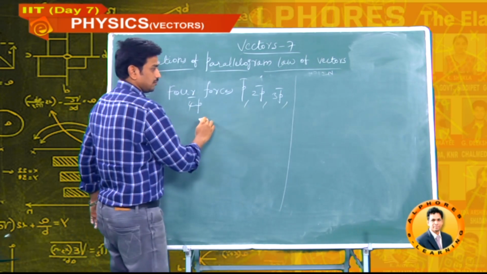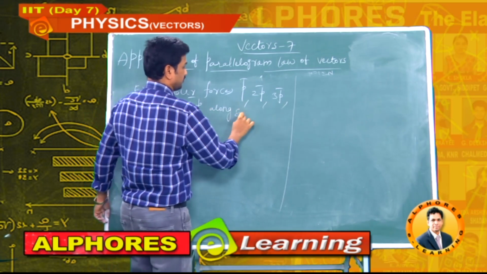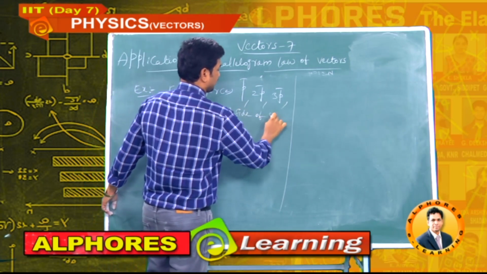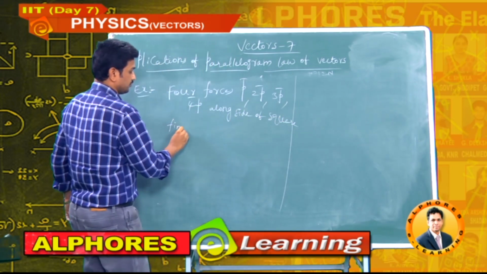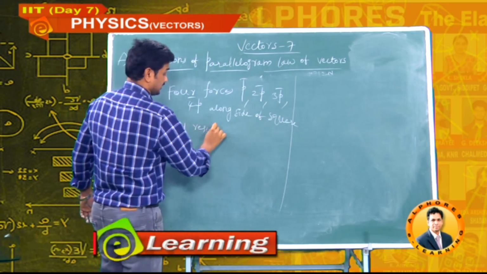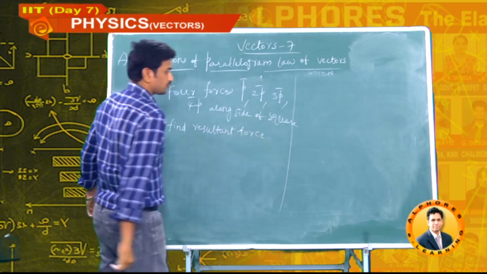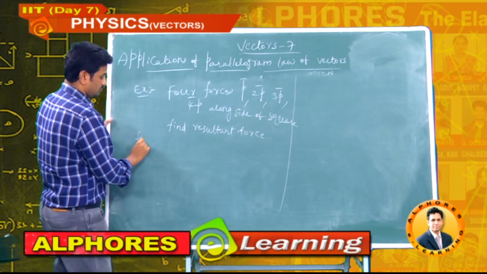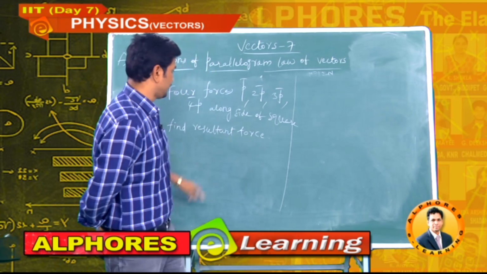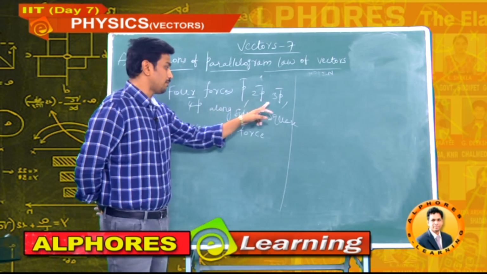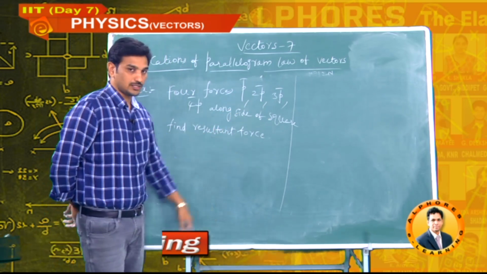These are along the sides of a square. Now find the resultant force. How many forces are there? 4 forces are there: P bar, 2P bar, 3P bar, 4P bar along the sides of a square. Then find the resultant of these forces.